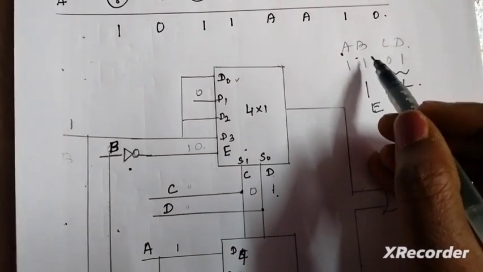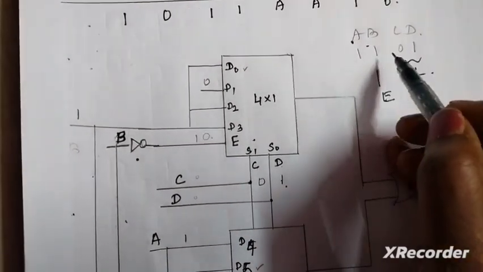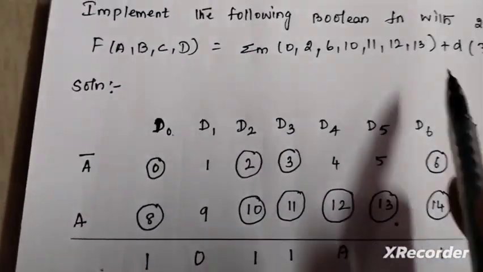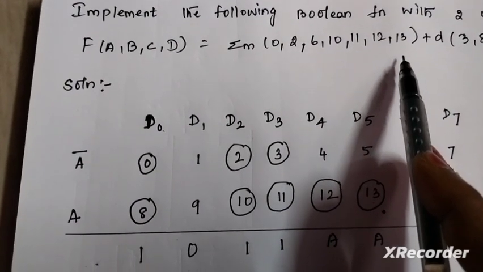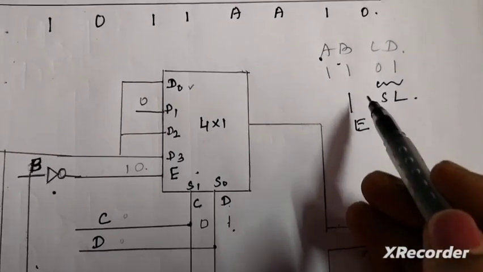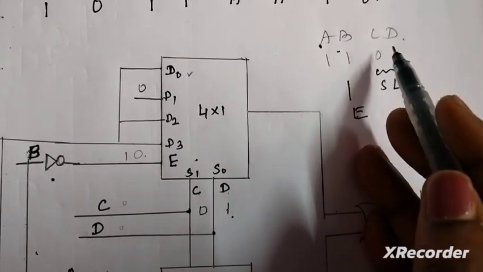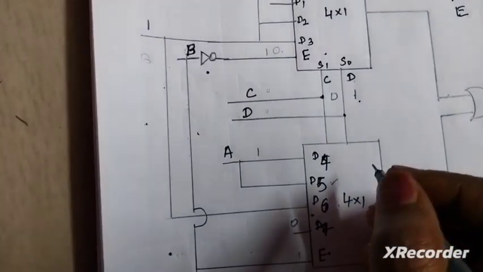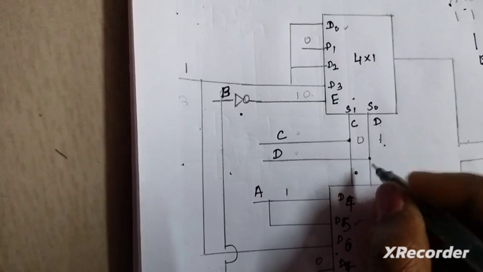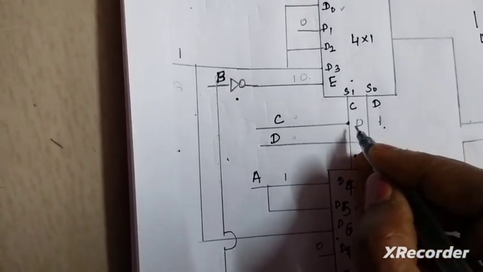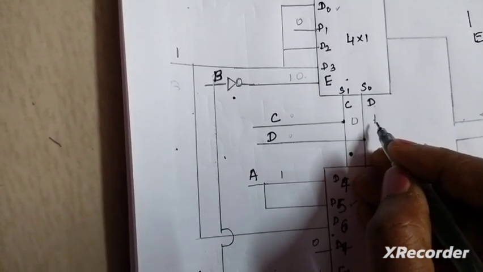So I've taken the example 1101. 1101 is nothing but your 13. 13 is given in the question as a minterm. So A is equal to 1, B is equal to 1, C is equal to 0 and D is equal to 1. C and D are used as selection lines. C is equal to 0, D is equal to 1, that is 0, 1.